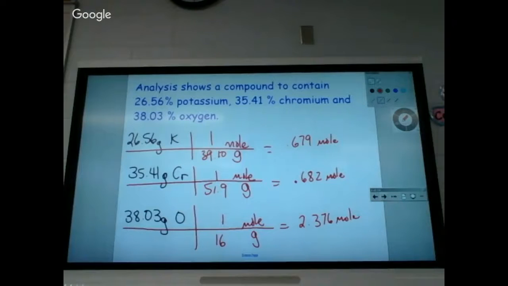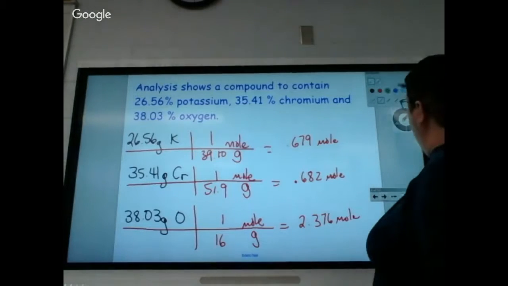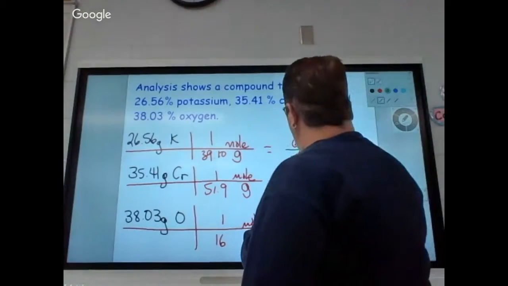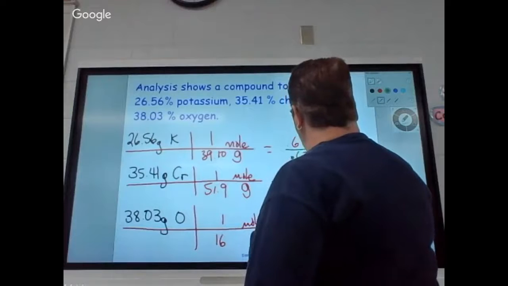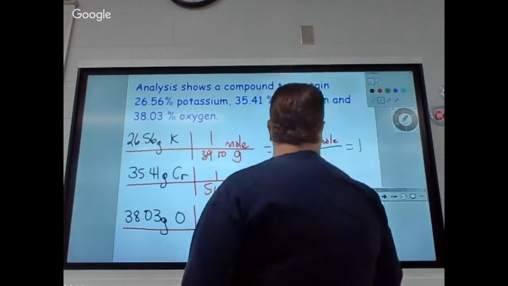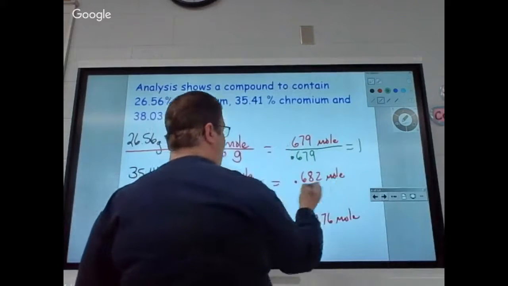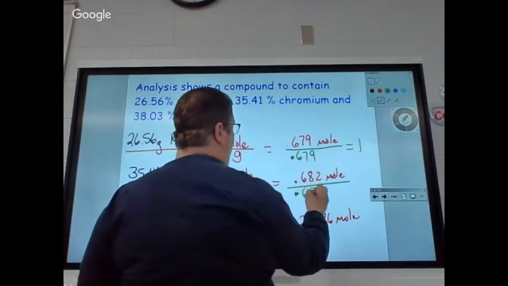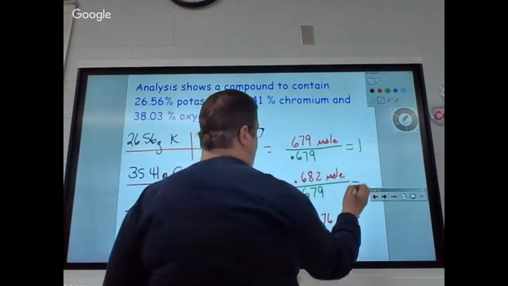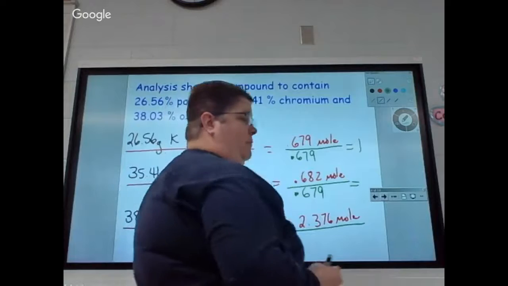All right, so what do I do from this point? All right, so who's the smallest? The first one, all right? So 0.679. So I'm dividing and I get 1. So what do I do with that number? Okay, so I want you all to punch this in and see what you get.